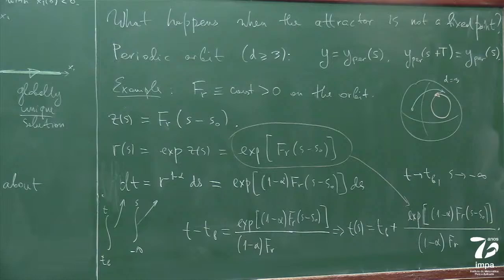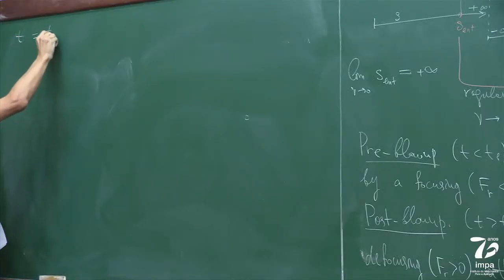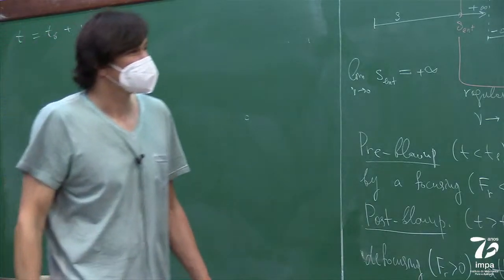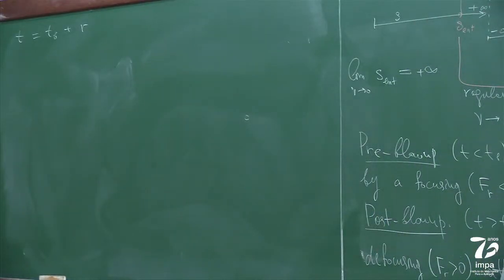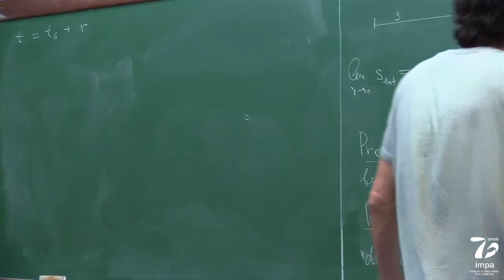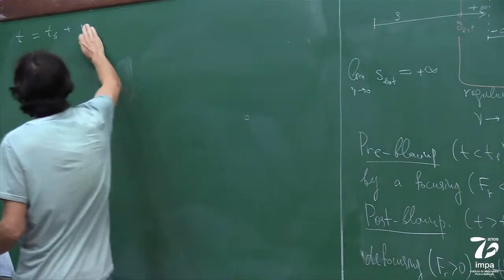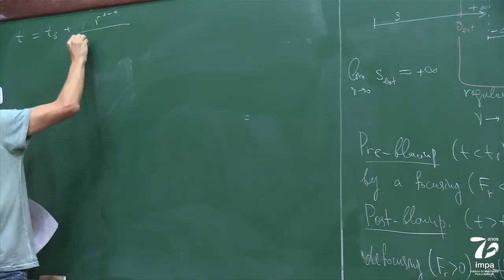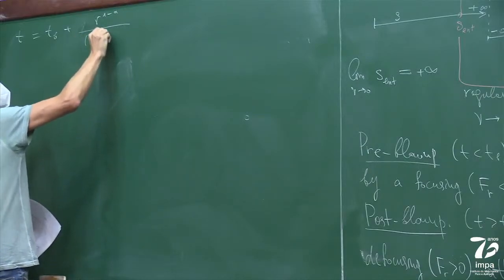So what you have is t equal to t_B plus r to the power 1 minus alpha divided by (1 minus alpha) Fr.